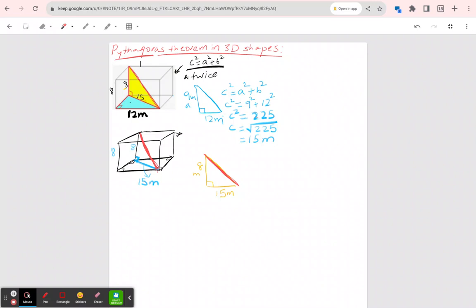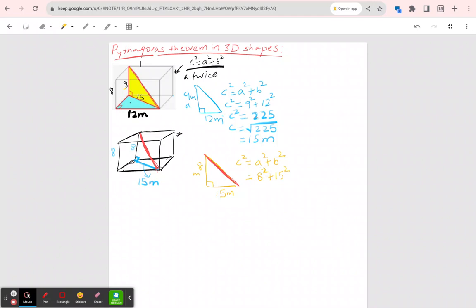Okay, so it is now going to become a piece of cake for you guys again, because what we need to do is use our magic trick again, which is our Pythagoras theorem. C squared equals a squared plus b squared. And this time my a can be an 8 and my b can be 15. So 8 squared plus 15 squared.